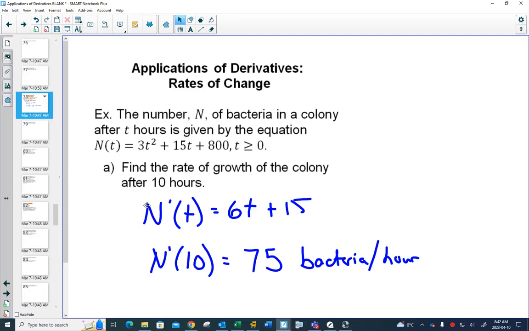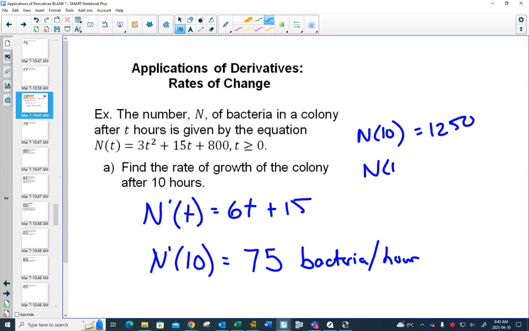The derivative, this isn't exact. We can actually find out exactly what it is if we go to our original equation and say, how many bacteria are there after 10 hours? Then you plug it in, you get 300 plus 150, 450, 1250, and then we could check how many bacteria there would be after 11 hours, and again, go to our calculator.